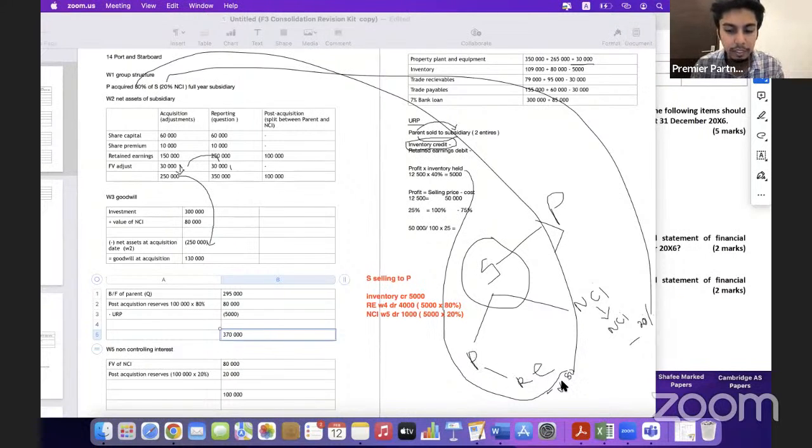That's why from parent, we remove the share, 80%. He gives a share to the NCI. That's why, guys, from the NCI working, we remove 20%. When subsidiary earns a profit, he has to give the profit to parent and the NCI, no? So parent's share of 80% will be removed from retained earnings. NCI share of 20%, guys, will be removed. So these are the places where you have to mark if the subsidiary sells to parent.